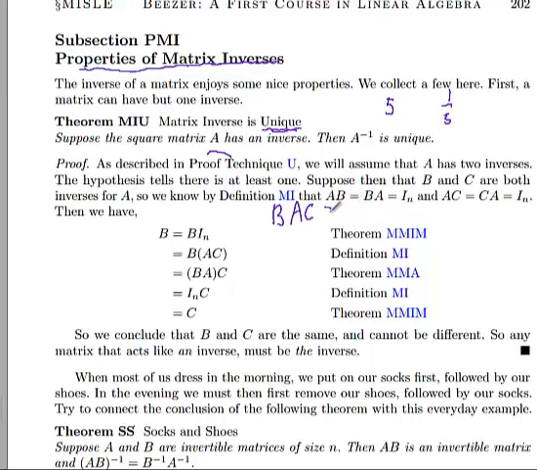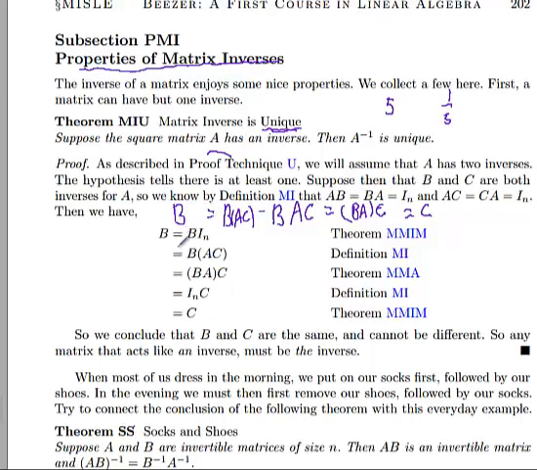By associativity, that's the same thing as BA times C. But BA is the identity, so that's equal to C. But I could interpret this as B times AC. But AC is the identity, so that would give me B.